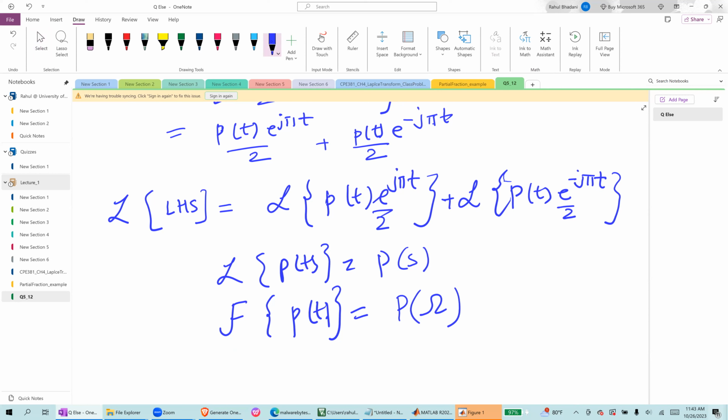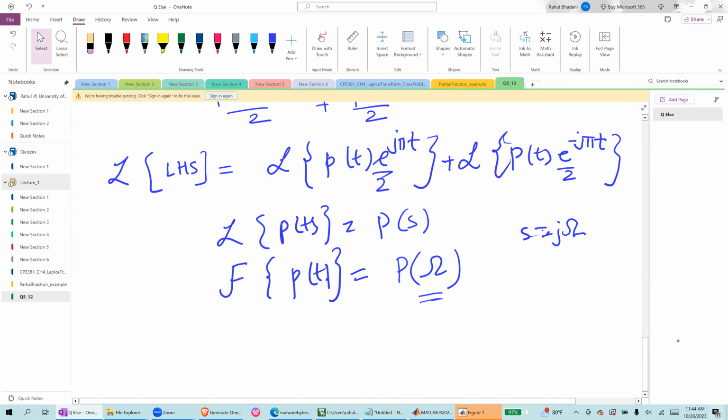Basically, you replace the s by ω, because s equals jω, but since j is a constant, we don't write j inside the function's argument. So we can write like this.